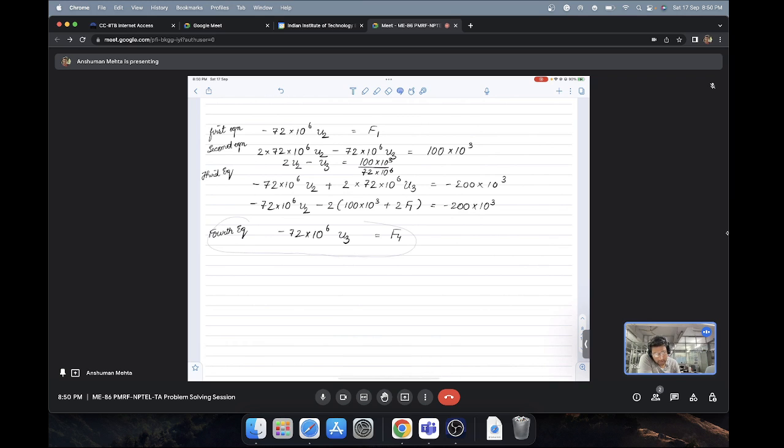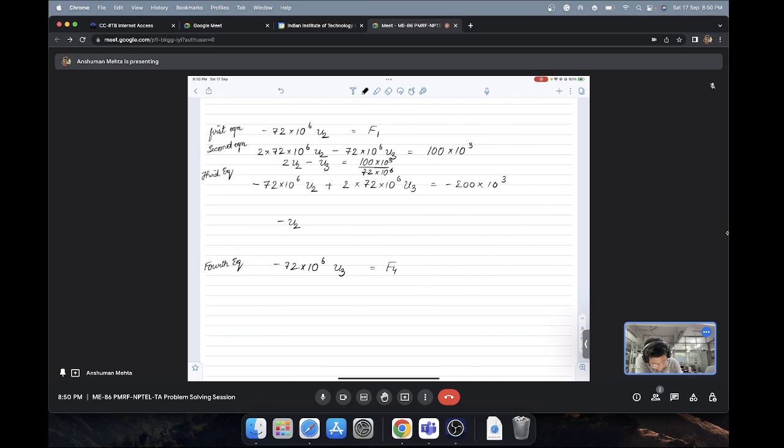And here what happens is minus u2 plus 2u3 is equal to minus 200 into 10 raised to power 3 by 72 into 10 raised to power 6. Now we can multiply it into 2. This will become 4 and this will become 4.